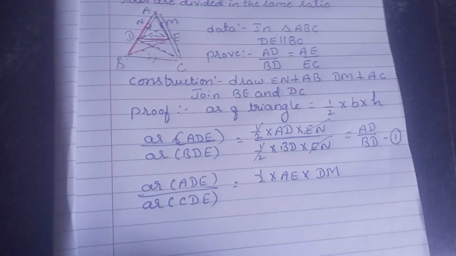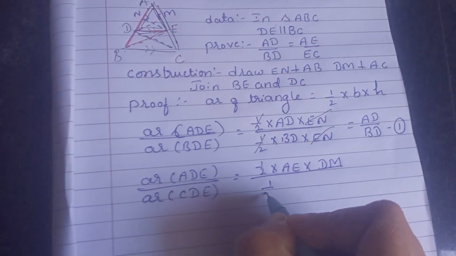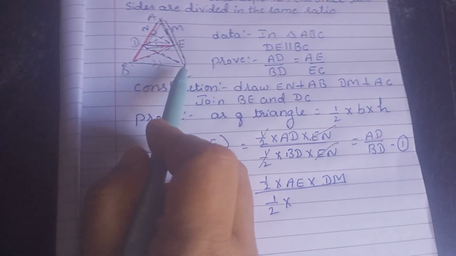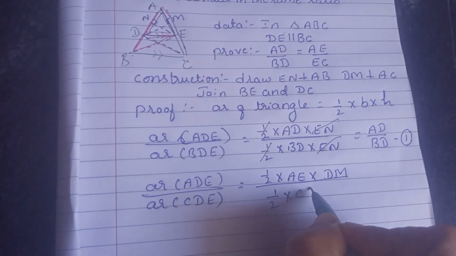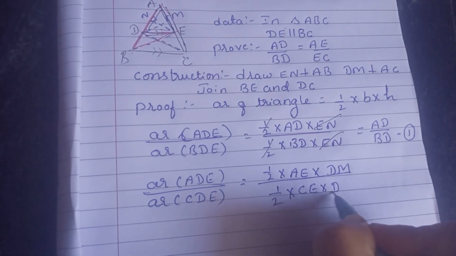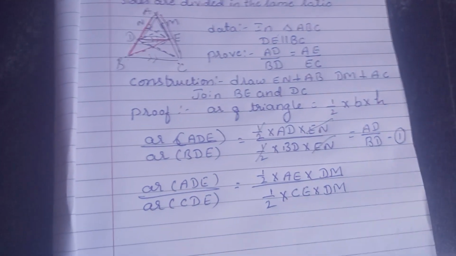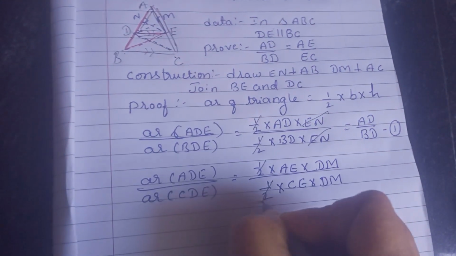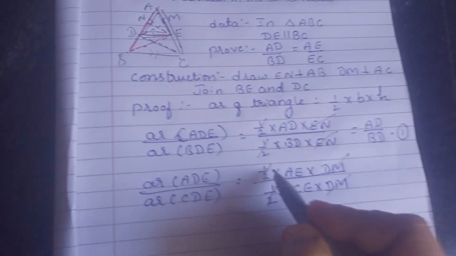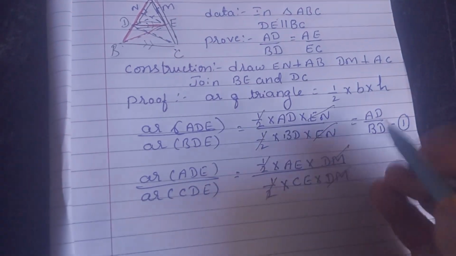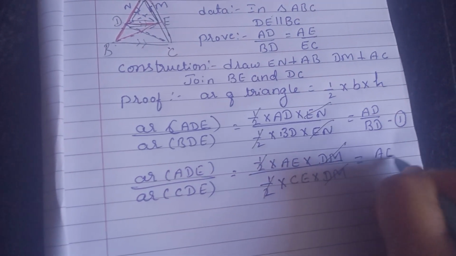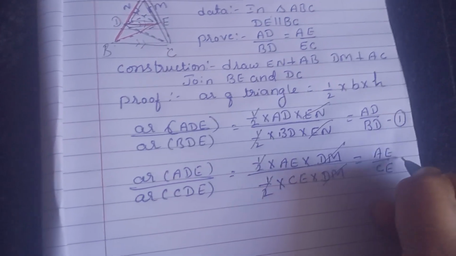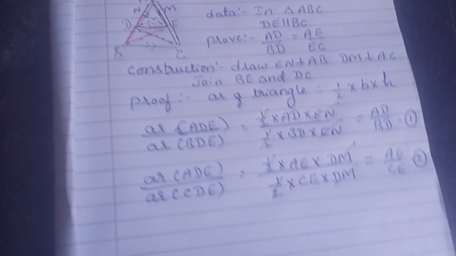So DM is the height. Similarly, half into, in triangle CDE, CE is the base, DM is the height, which is going to cancel in the numerator and denominator. Half and DM get cancelled. So what is remaining? The remaining is AE by CE. It is equation number 2.